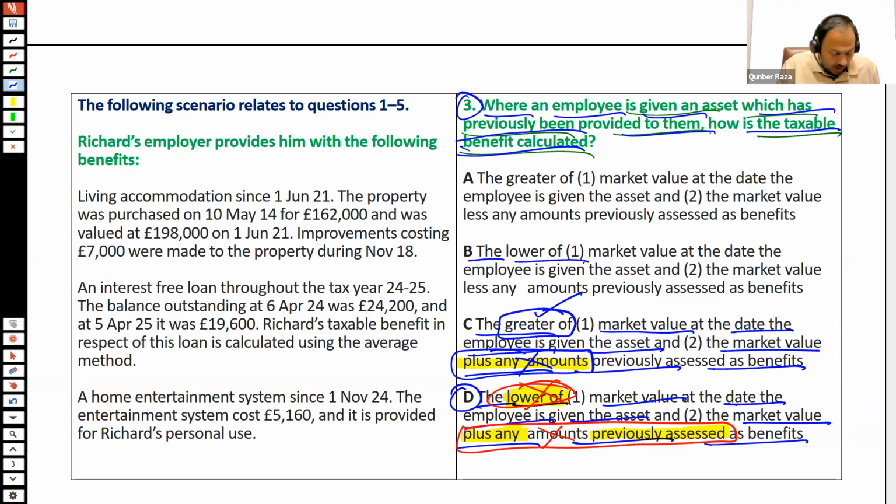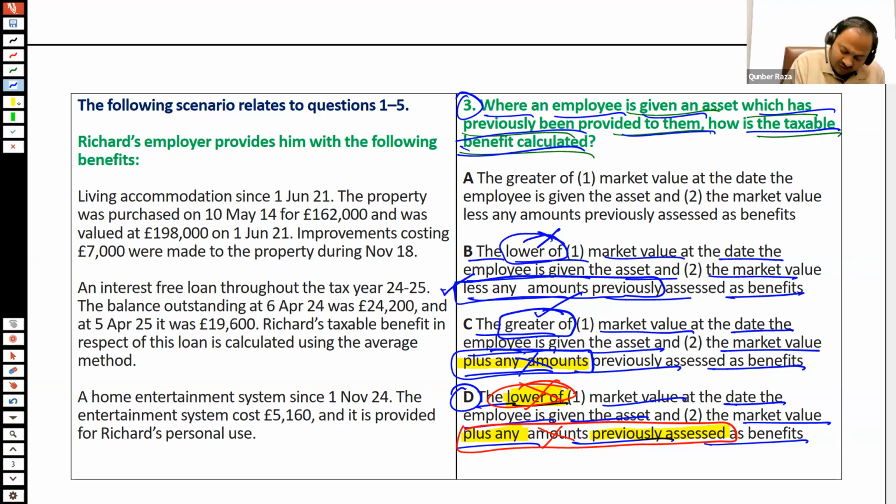B. The lower of market value at the date the employee is given an asset, the market value less any amounts previously assessed as benefit. This is correct, but the lower of is incorrect. So due to this, the option is incorrect.